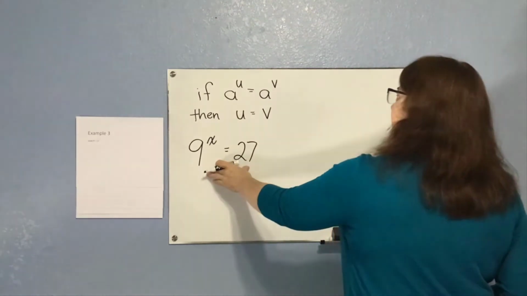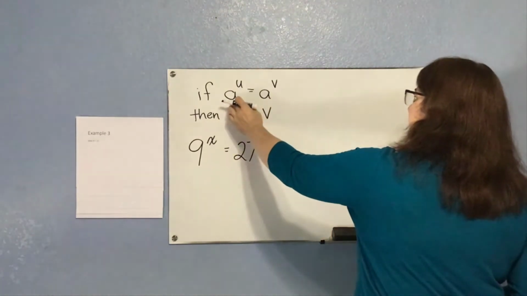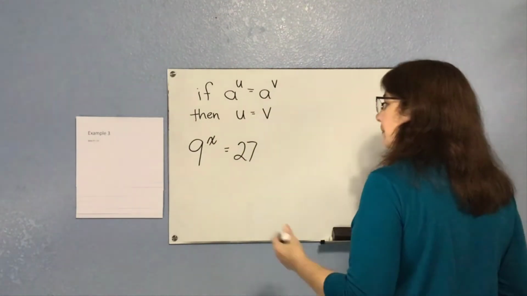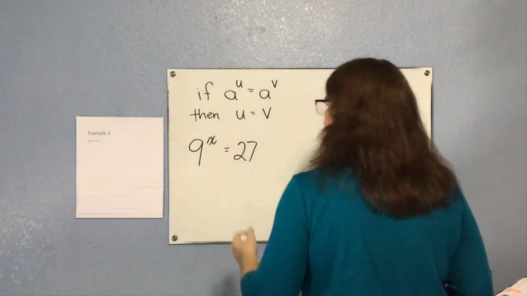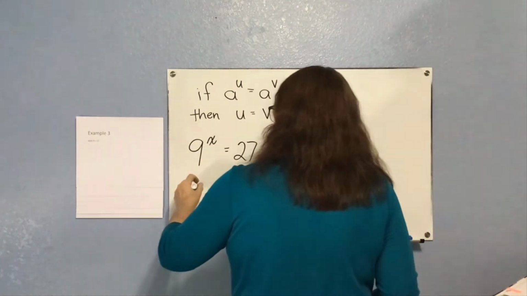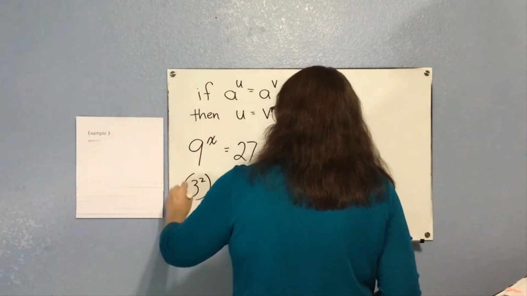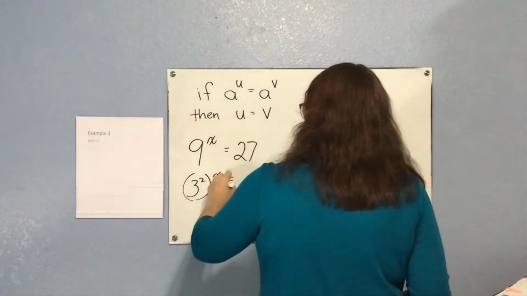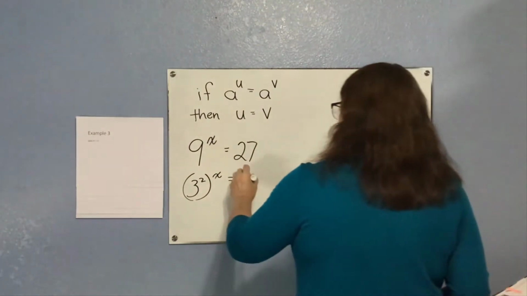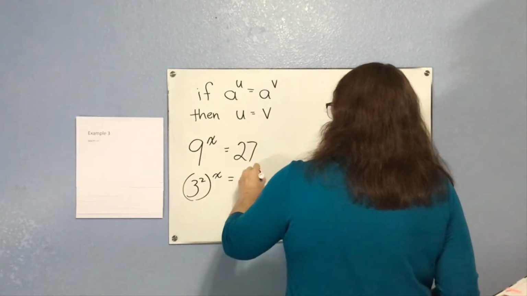I don't have here what I had up here with the bases being the same, but I can get it pretty easily by rewriting 9 as 3 squared. So I'm going to have 3 squared to the x, and 27 is 3 cubed.